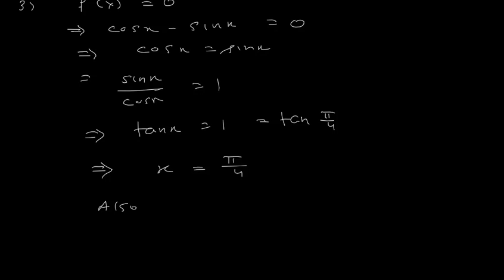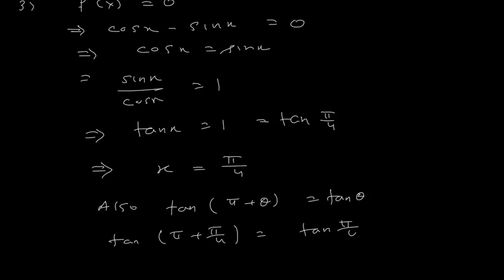So tan of pi plus theta is tan theta. This gives the answer tan of pi plus pi upon 4 equal to tan pi upon 4 equal to 1. Therefore x equals pi plus pi upon 4, that is 4 plus 1, 5 pi upon 4.